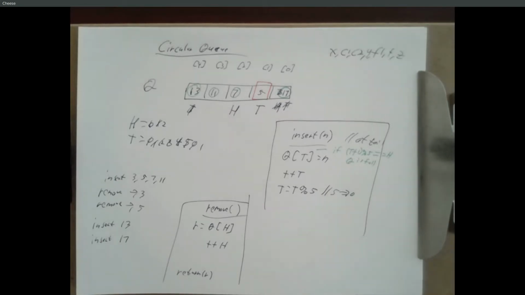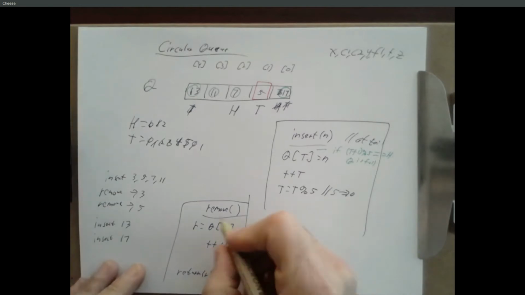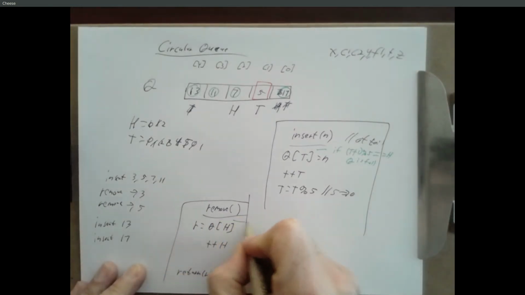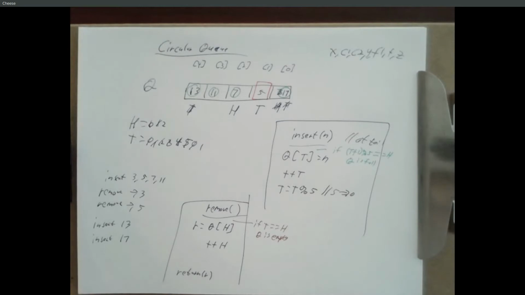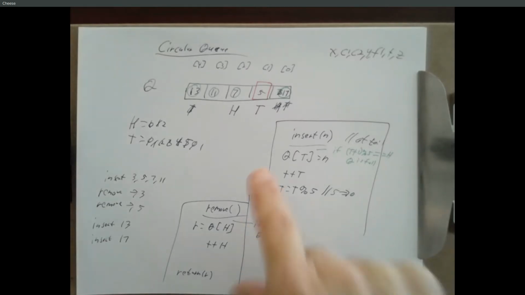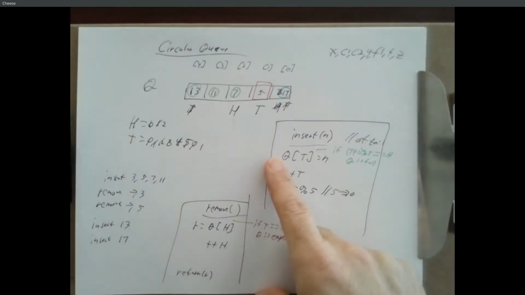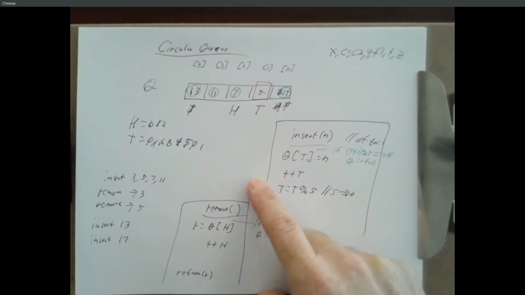And then our empty condition becomes simply if tail equals head, the queue is empty. So at this point the queue is full. We can't insert anything. We could remove. So we could remove once.